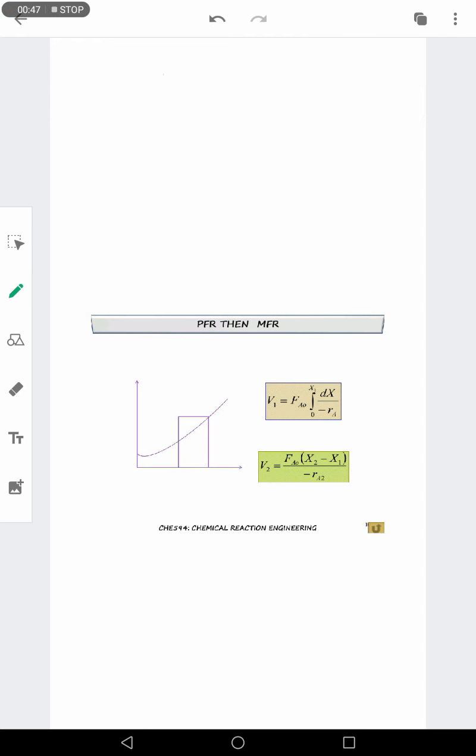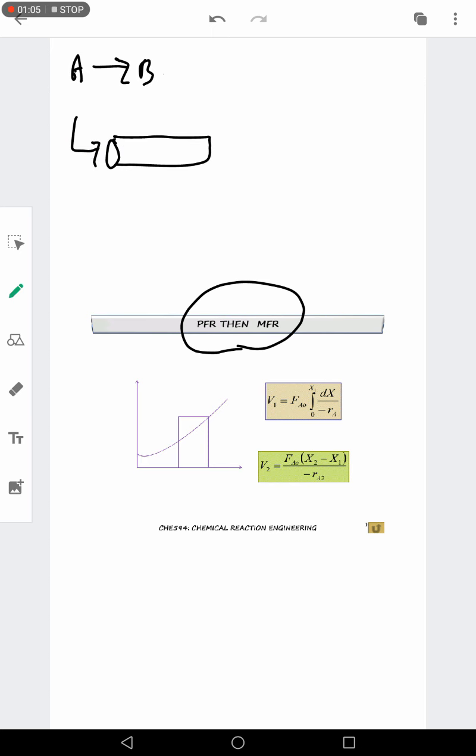So first, we'll be looking at the combination of PFR and MFR. So for example, A producing B will take place in the PFR first, and then the same reaction goes into the second reactor.